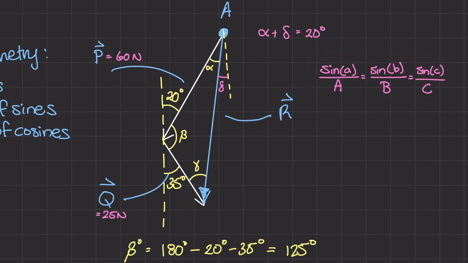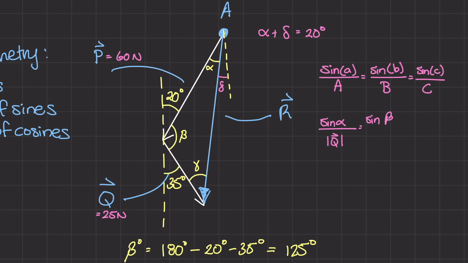So how does this equation translate to our problem? The sine of alpha, and alpha is unknown right now. What is the opposite side to this corner alpha? It's this thing right here, which is q. So the magnitude of q is equal to sine of angle b. Let's say we take beta as b.